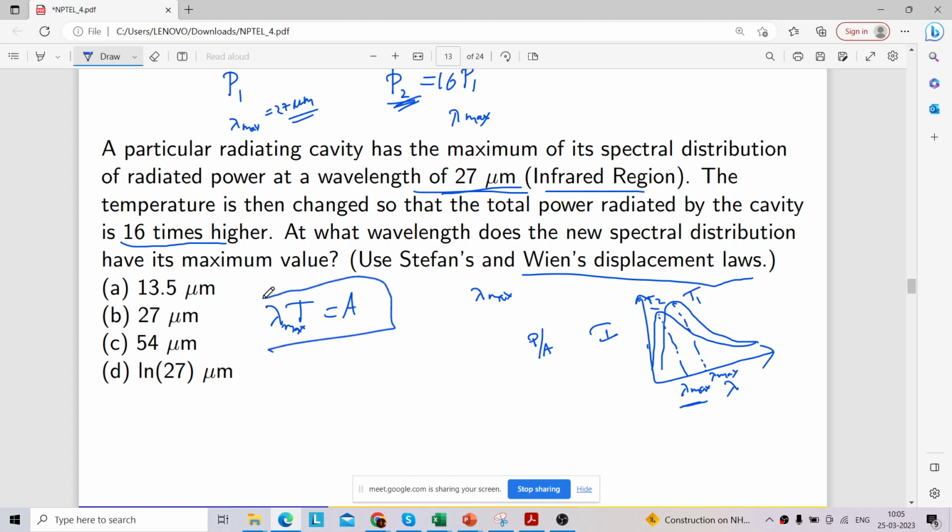So we have to use this Wien's displacement law, and we have to first find out the temperature. We know the power, then to find the temperature we can use Stefan's law. That is, power per unit area is equal to sigma into T to the power 4, right?